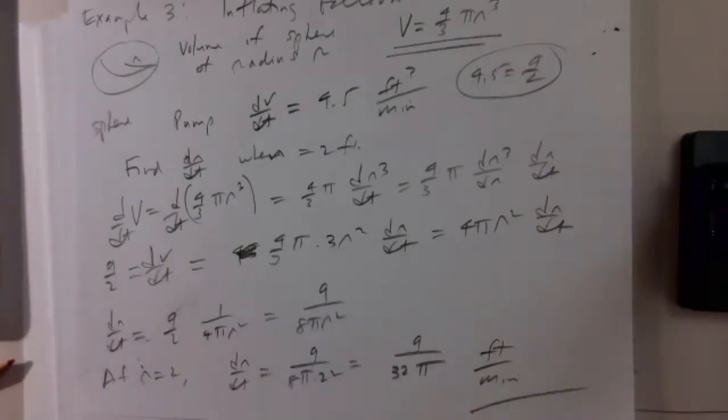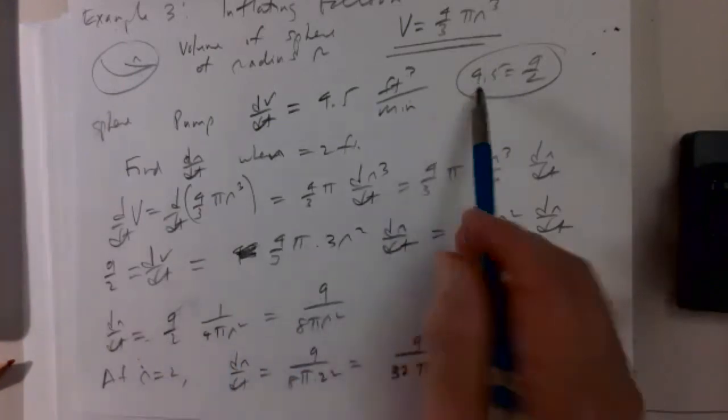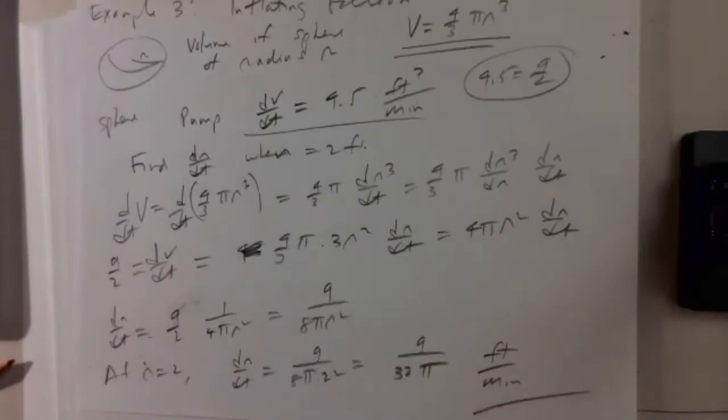Right? 9/2. So the 9 comes from 9/2, which is 4.5. That's the information we were given about the efficiency of the pump. Okay, thank you.